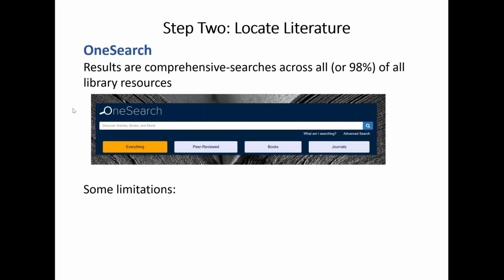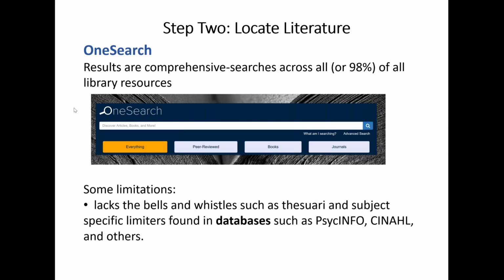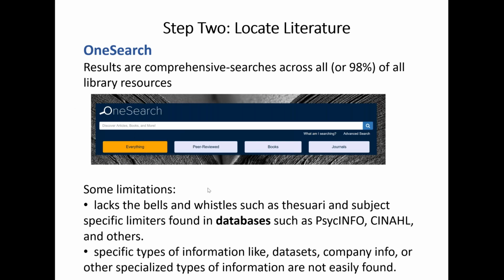But there are some limitations to using OneSearch. It definitely lacks the bells and whistles that you find in databases like PsycInfo or other databases. We just looked at the thesaurus, for example, and that's a feature that you won't find in OneSearch. There's also specific types of information that you can't find, like data sets or company info or other specialized types of information.